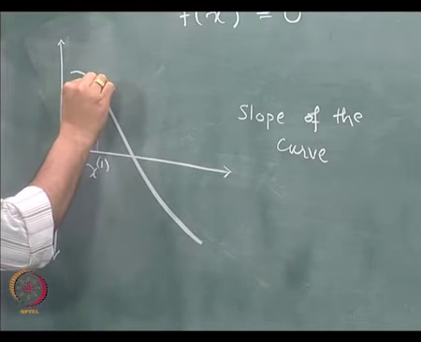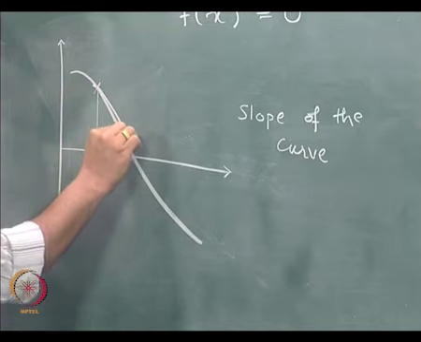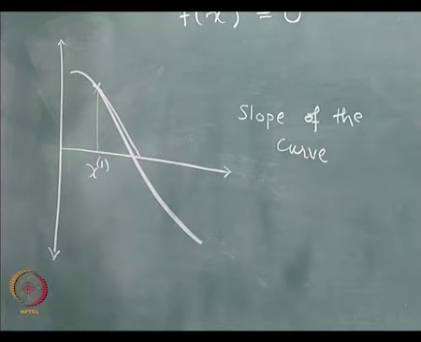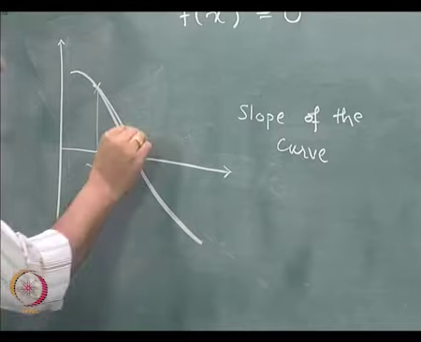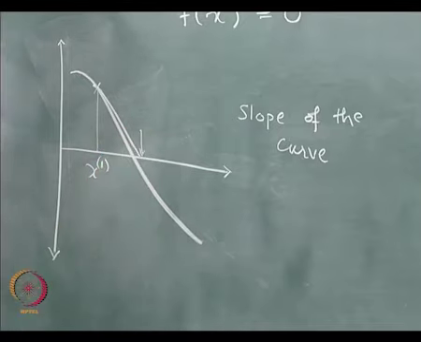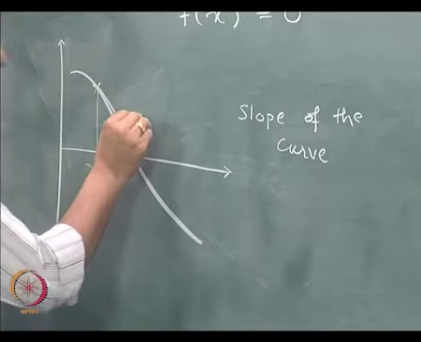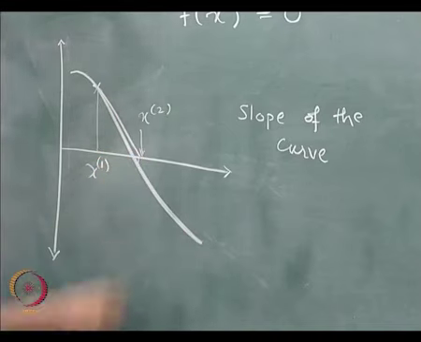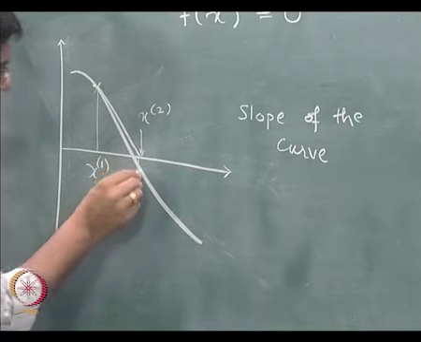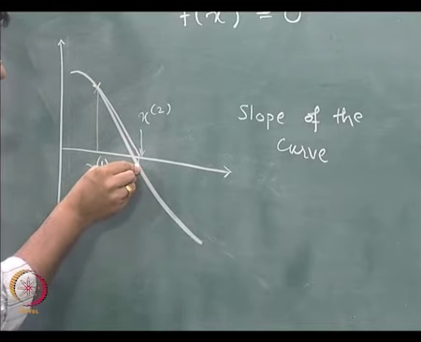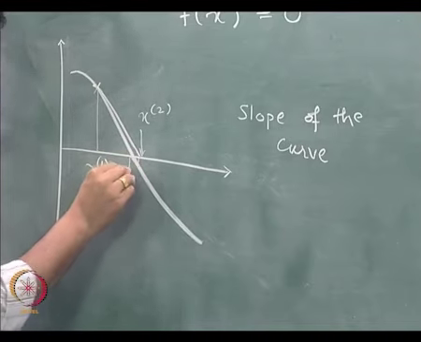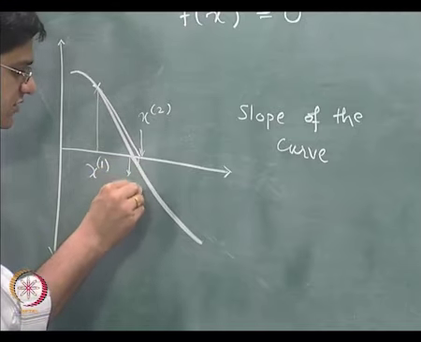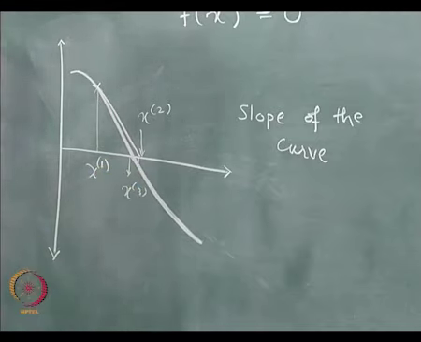We will obtain the tangent to the curve at point x1, draw that particular line, and find the point at which the tangent intersects the x axis. That particular point is our x2. At f of x2, again we find a tangent to that curve, find where it intersects the x axis, that becomes our x3, so on and so forth.